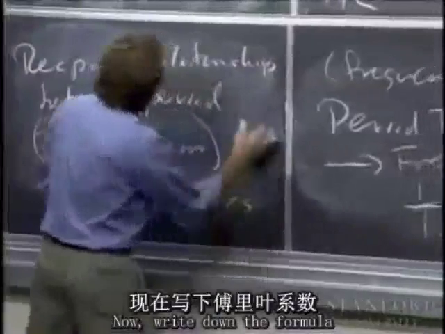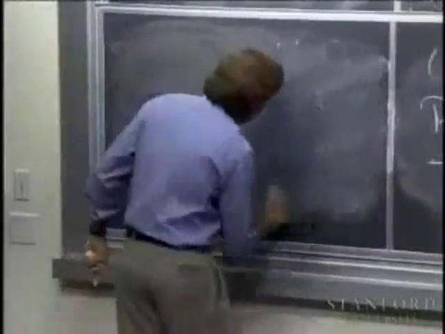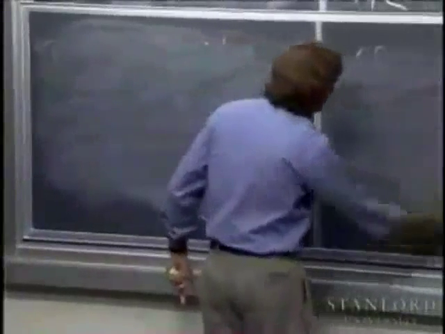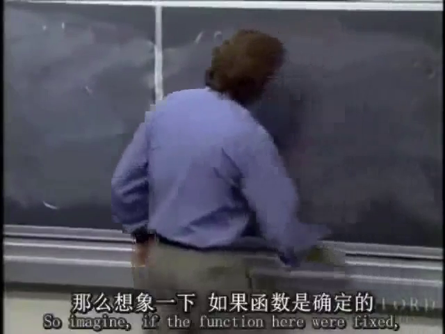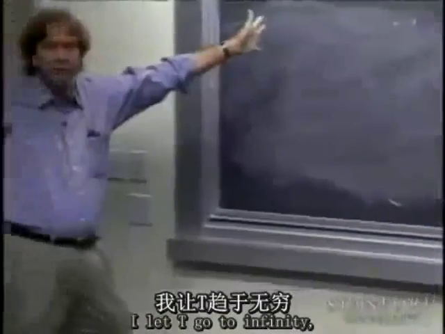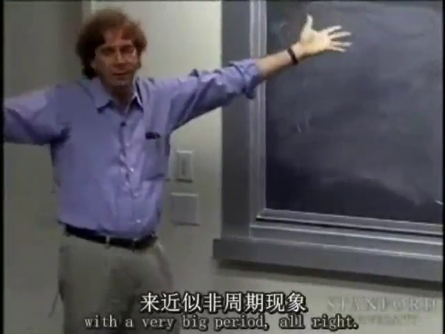Now, write down the formula for the Fourier coefficient. If the function here were fixed and I let T go to infinity, then I'm approximating that non-periodic phenomenon by a periodic phenomenon with a very big period. That's going to be my goal.